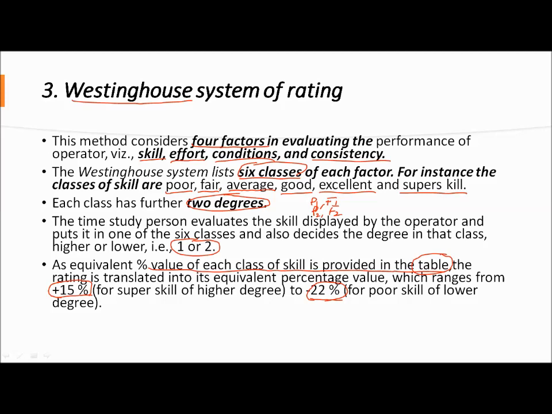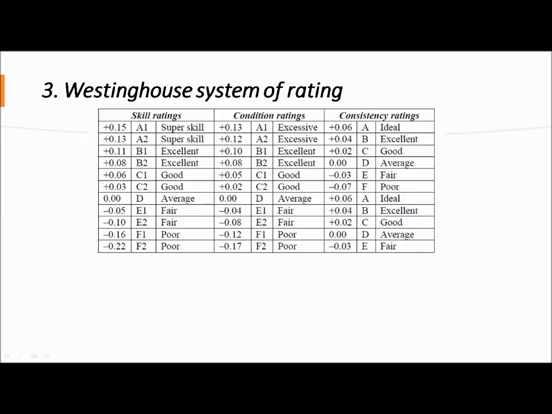Now we'll go to the table so that the idea is more clear. So this is the table which I spoke to you about just before. This is the standard table, and you have some standard values here. So you have the skill ratings, condition rating, and there is also effort rating which is not shown in this table.